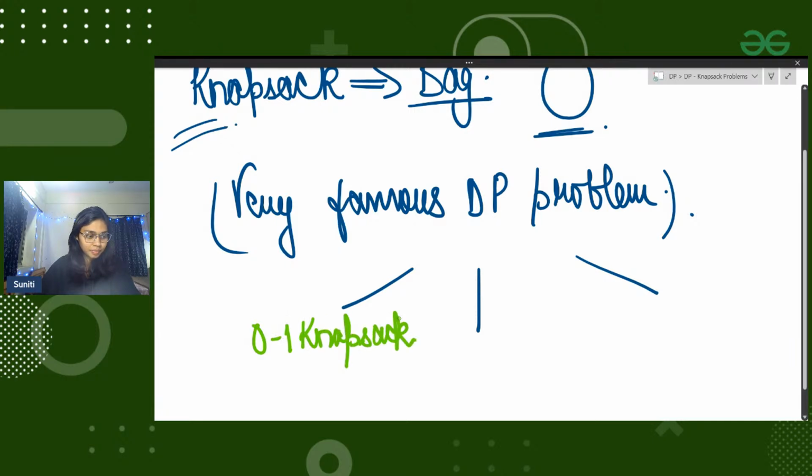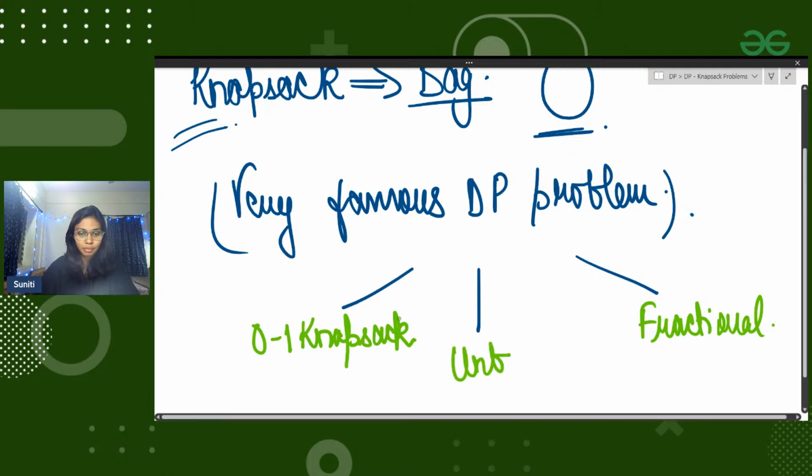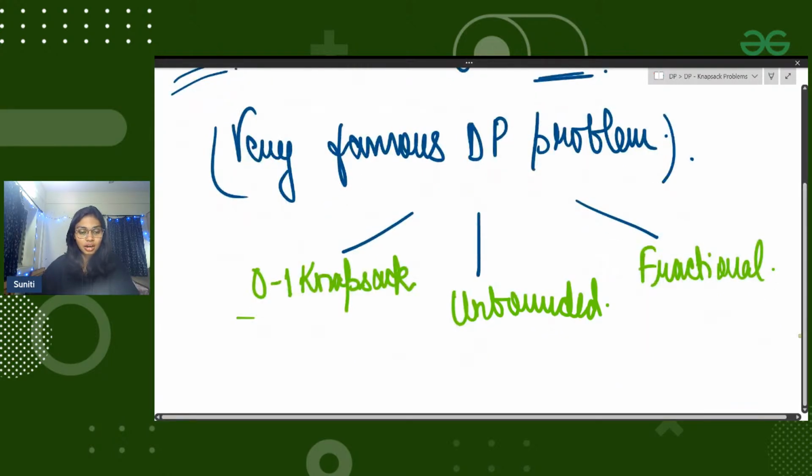Great, Miral, that's correct. Next is fractional. And one more kind of knapsack. Are we not very familiar with it? All right, Dave, it is correct. First is 0/1, then fractional, and then we have unbounded knapsack. So the agenda for today is discussing knapsack problems.